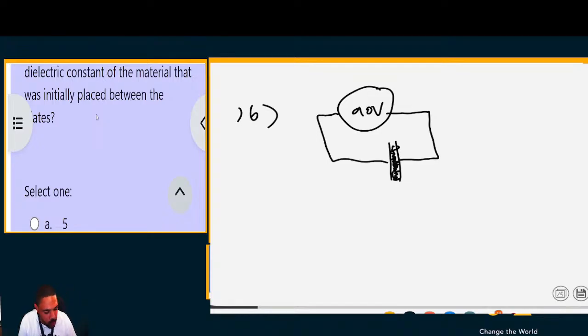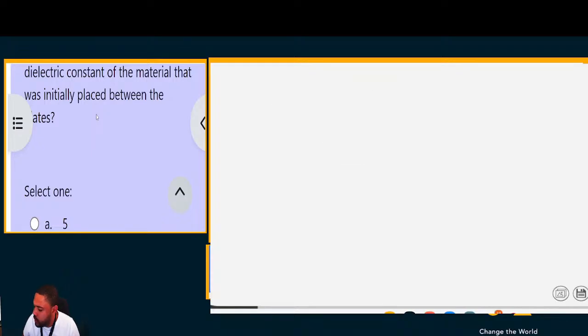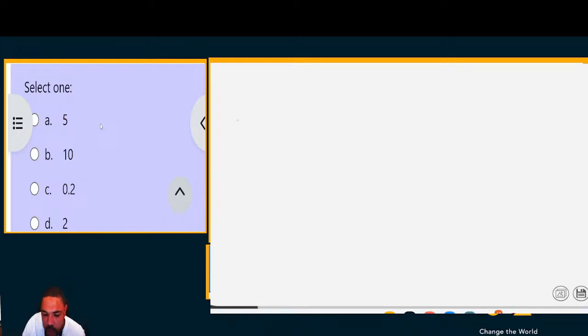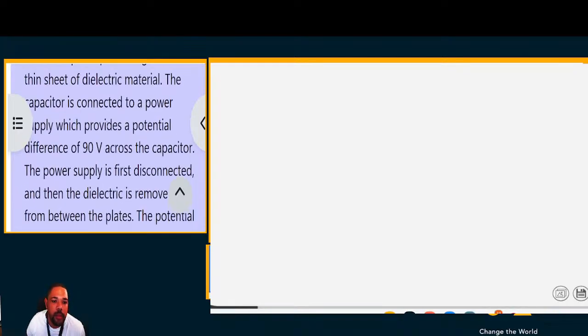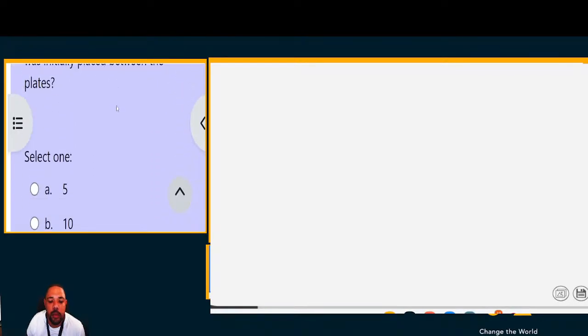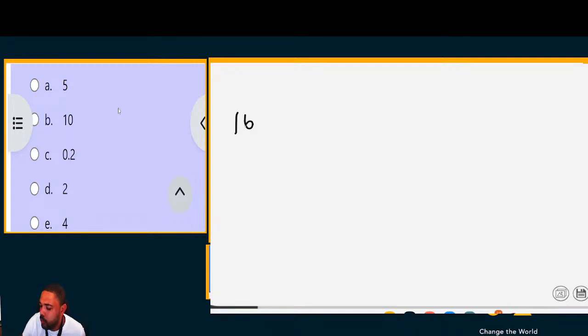Now, the initial charge of the dielectric material is equal to the initial capacitance times the initial voltage.